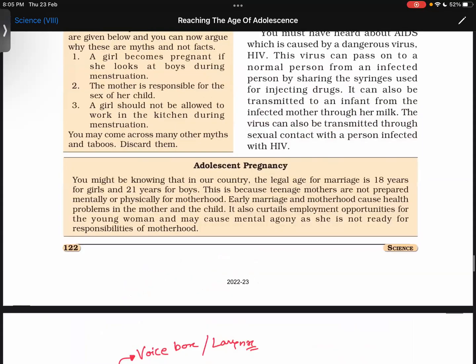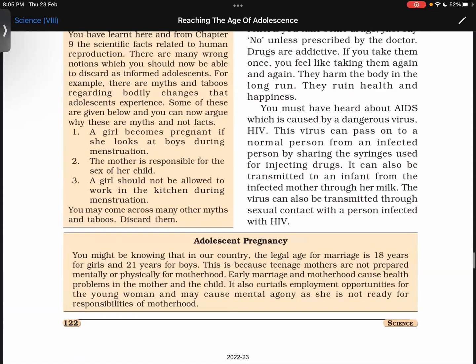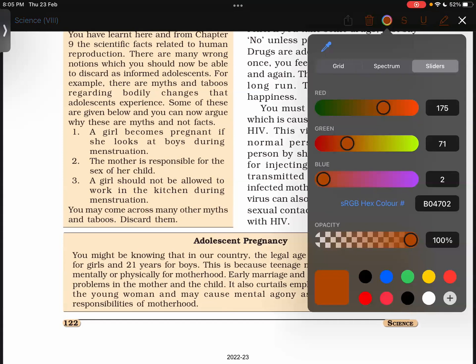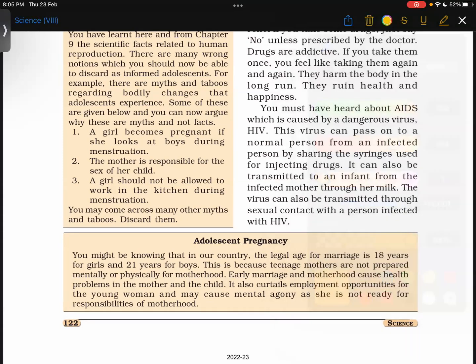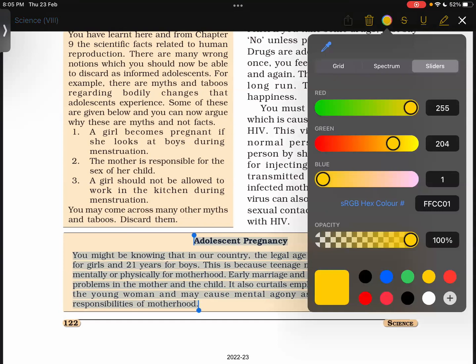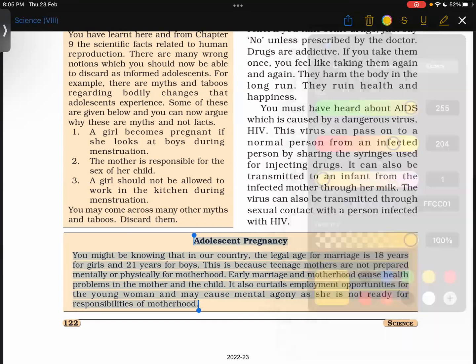Here there's a para about adolescent pregnancy. Read about that. You might be knowing that in our country, the legal age for marriage is 18 years for girls and 21 years for boys.